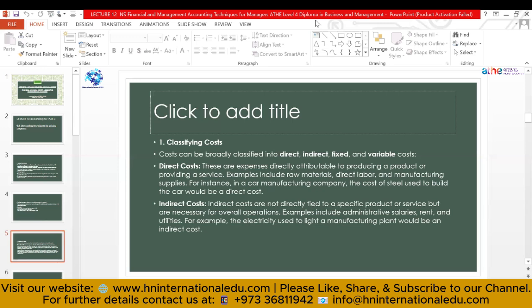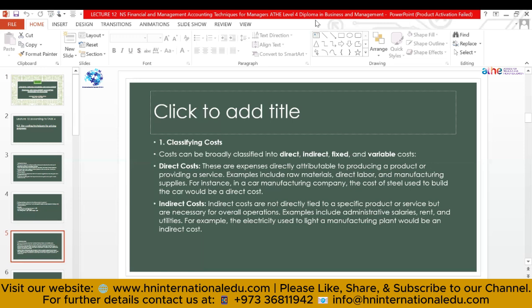For example, it includes raw materials, the material which we need to make the product, direct labor, the people we are hiring, and manufacturing supplies, all the machineries, boxes, everything. For instance, in a car manufacturing company, the cost of the steel used to build the car would be a direct cost, because that is a mandatory raw material. Without the steel, you cannot build the car. So it is a direct cost. You cannot omit it.